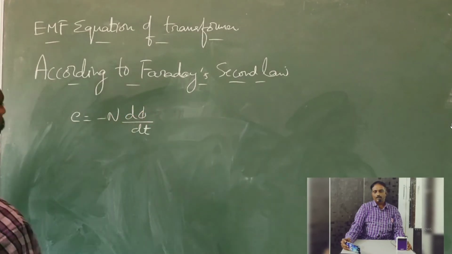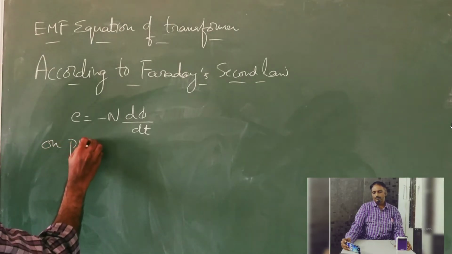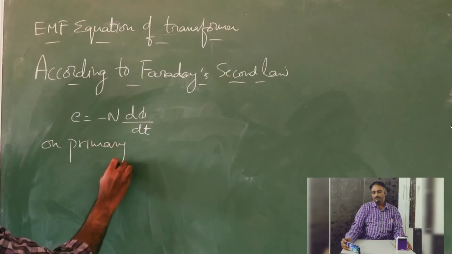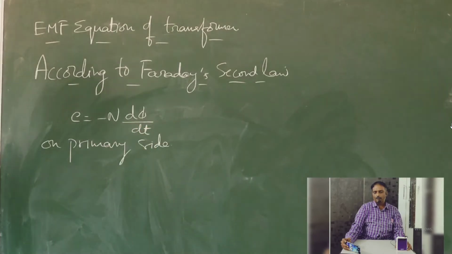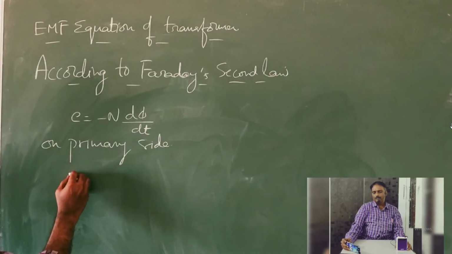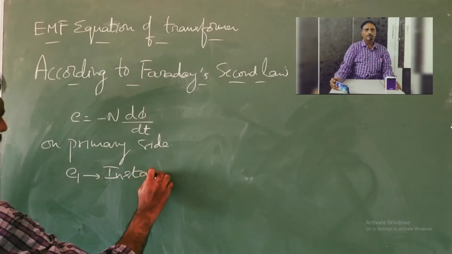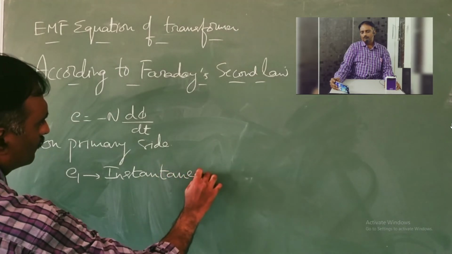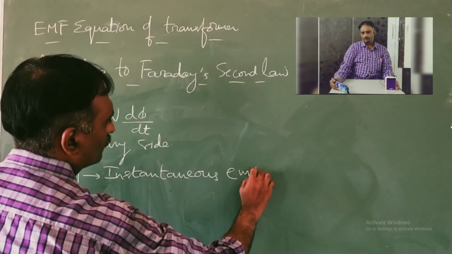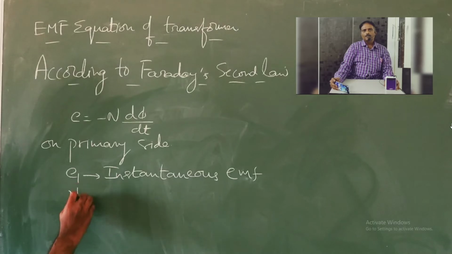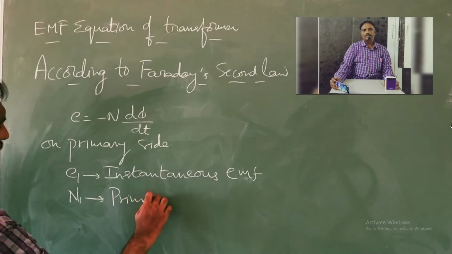If you consider the primary winding side, the parameters on primary side, let us consider E1 as the instantaneous value of induced EMF on the primary side, and N1, the number of windings on the primary, or you can also consider it as primary winding turns.